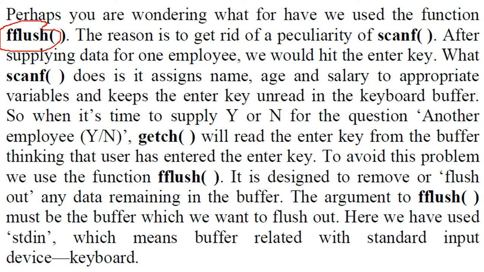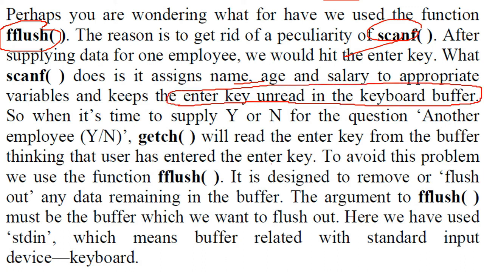What happens here? This is just in order to avoid one peculiarity of scanf. Whenever we are using the keyboard and applying the content to scanf, it assigns the name, age, salary to the appropriate variables, and it keeps the enter key unread in the keyboard buffer.